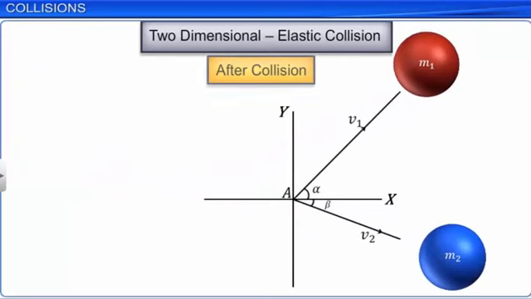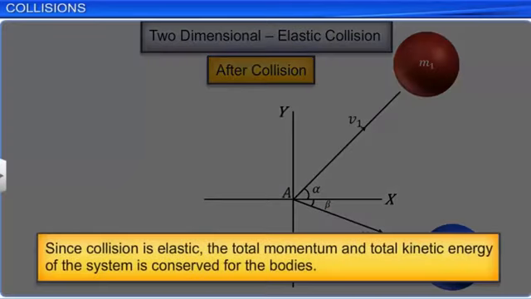Just after the collision, m1 moves away with velocity v1, making a positive angle alpha with the x-axis, and m2 moves away with velocity v2, making a negative angle beta with the x-axis. Since the collision is elastic, the total momentum and total kinetic energy of the system must be conserved for the bodies.